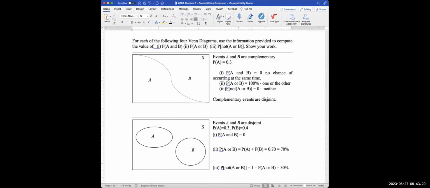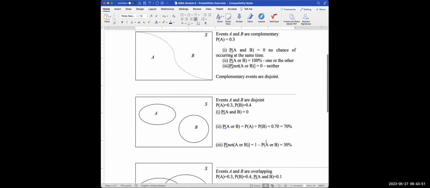And we know that their probability of occurring together is 0. So just like disjoint, for complementary events, A and B is 0. But disjoint events are not complementary because there is an outside part. There's something else that can happen. So disjoint events are not complementary. That's why I have to teach it.